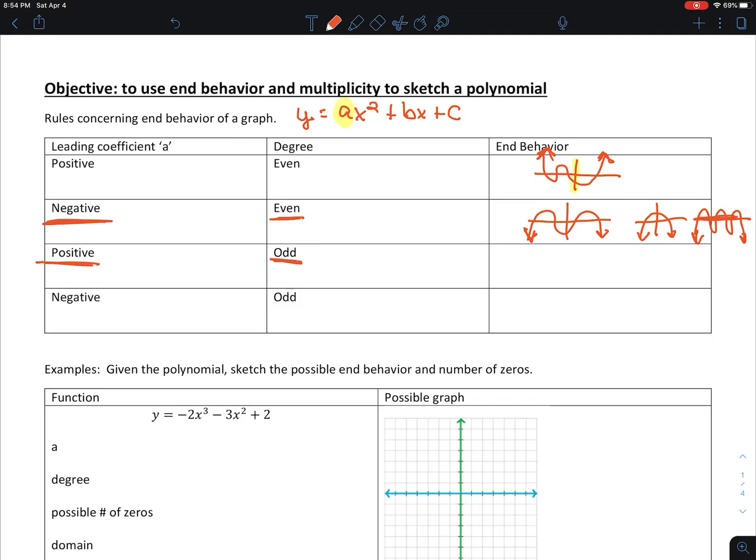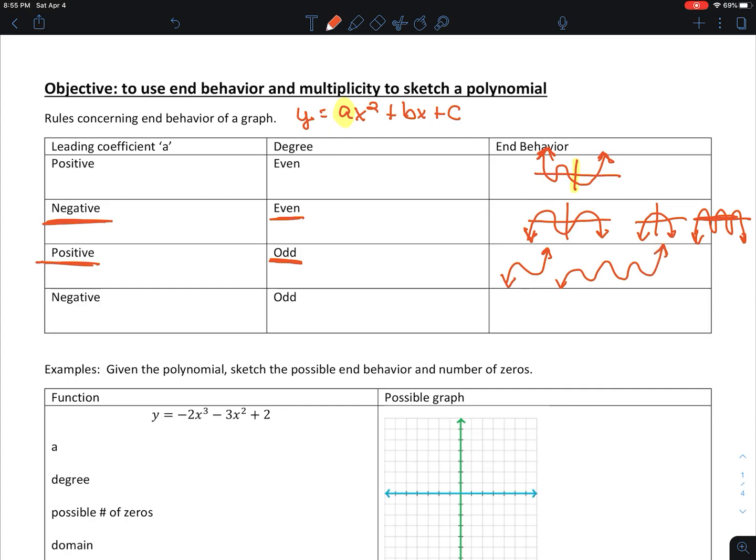Now, if our leading coefficient is positive, but the highest exponent is odd, then it's going to look like this. And again, it could have more terms. It's just that the left side goes to negative infinity, and the right side goes to positive infinity.